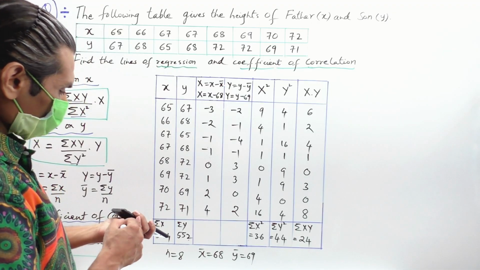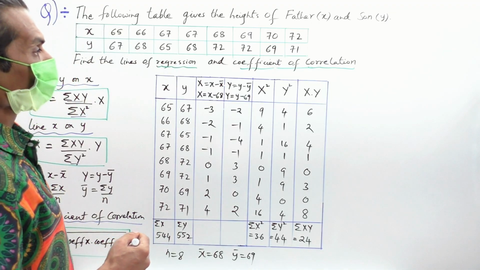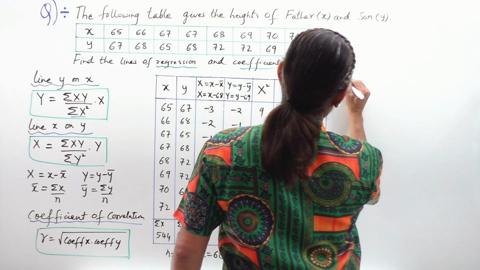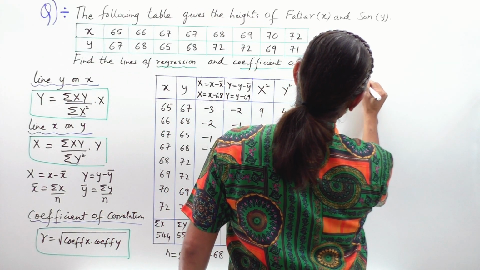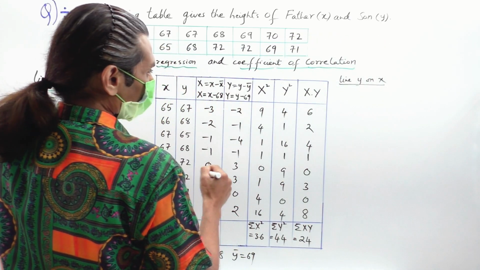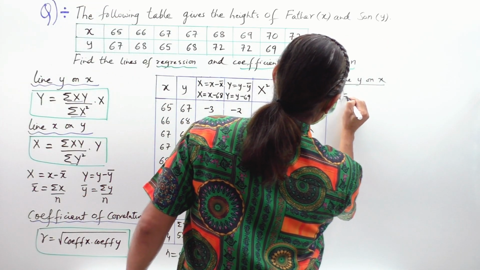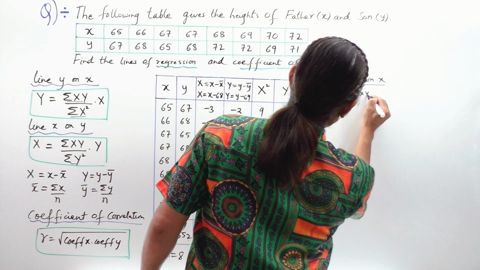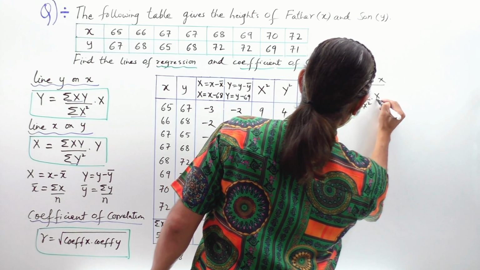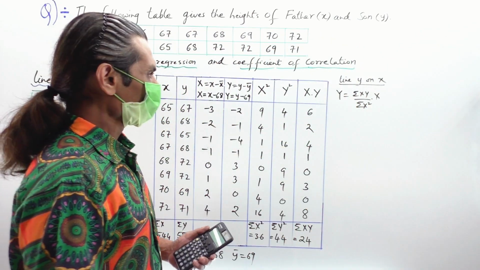Fine. So first, what we need to do is find the lines here now. So the first line, y on x, is capital Y equals summation capital XY by summation x square into capital X. Correct. So what is that?